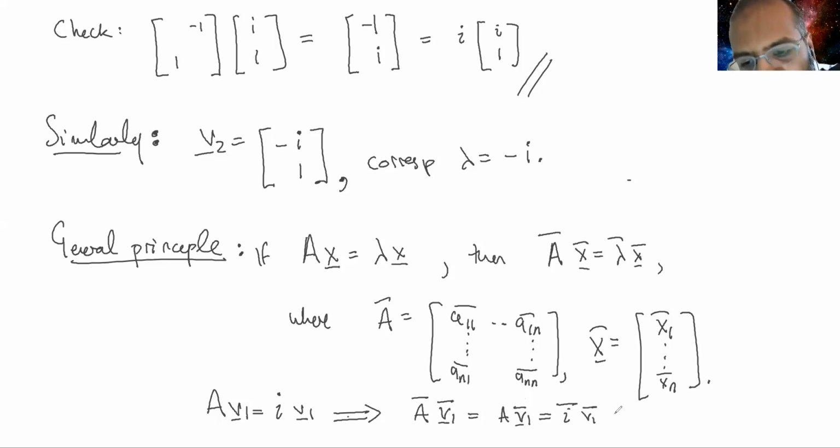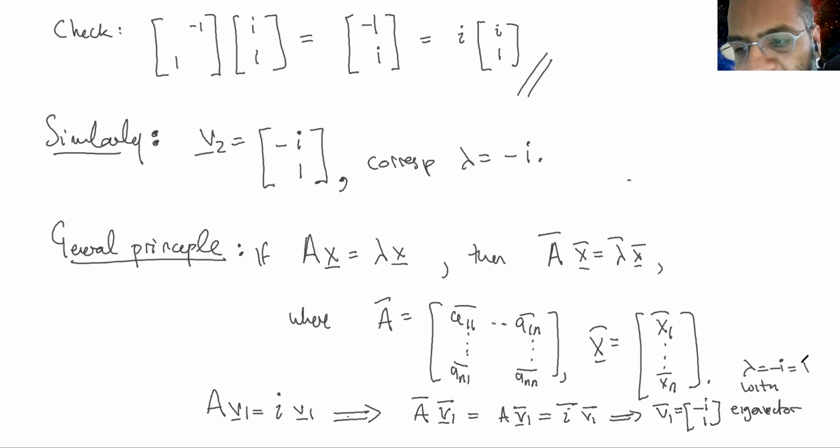But now this i bar is just minus i, right? So this implies V1 bar, which is just the conjugate of V1, is an eigenvector with lambda equals minus i, which is lambda 1 bar.